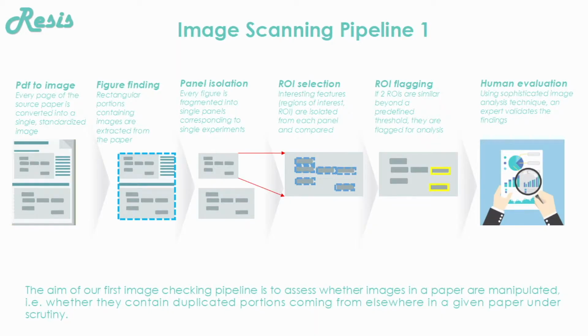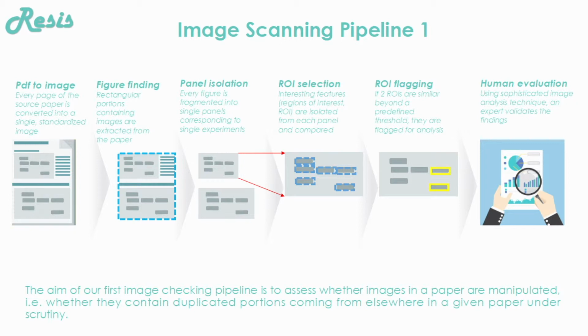First, you have to identify where the images are, for example in a PDF file. Then you have to fragment every image into panels, because every figure very often contains several panels, each with a different experiment. Then, in each panel, you have to identify interesting regions, like bands in a gel, or cells in a microscope image, or other interesting portions.